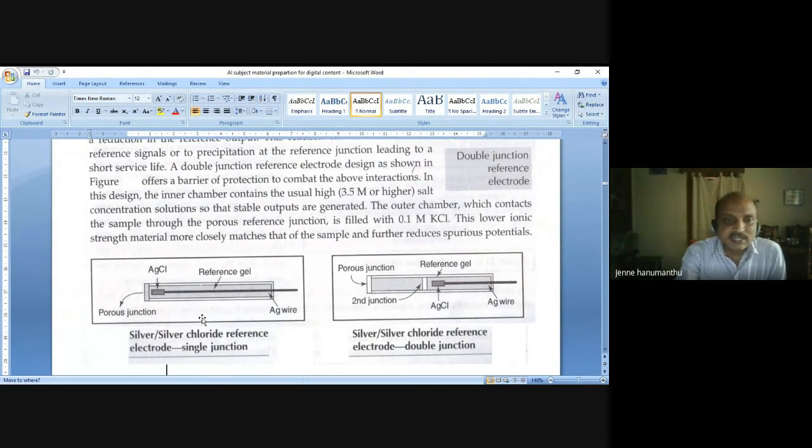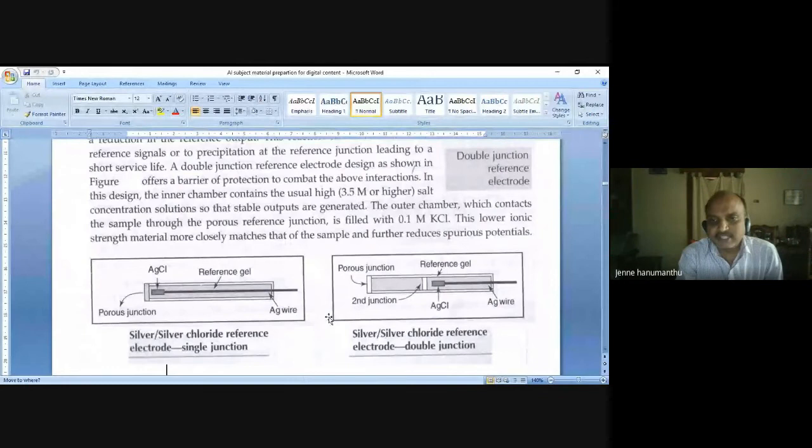See, at this there is a porous junction, and an AgCl reference gel is provided, and it is an Ag wire. So this complete structure acts as a reference electrode for measurement of the pH, and sometimes there is another structure.